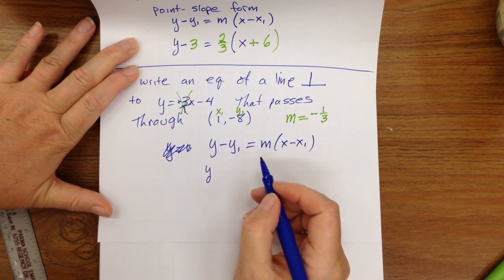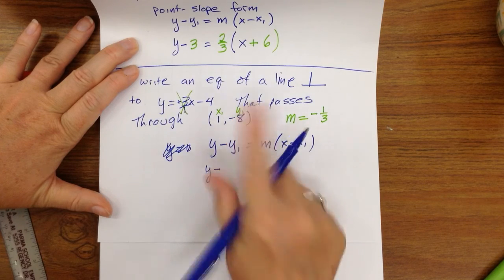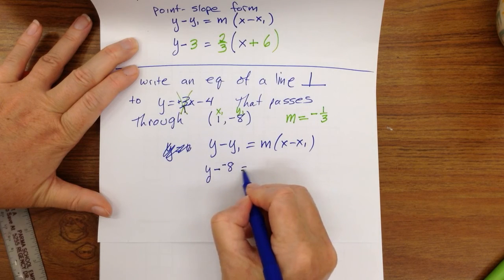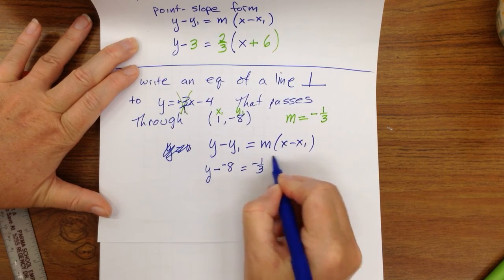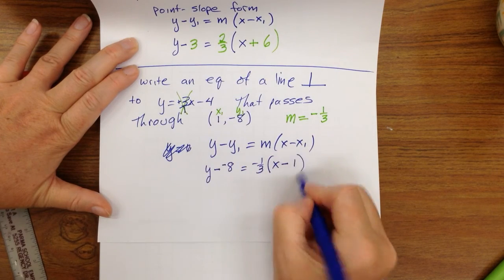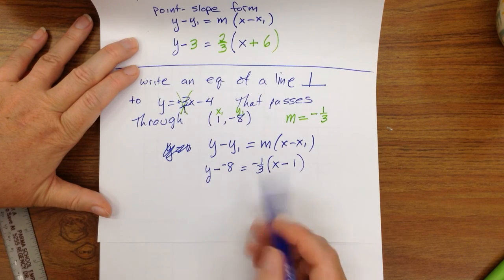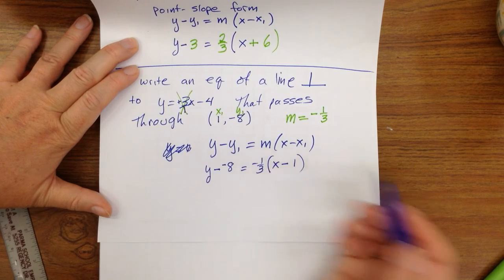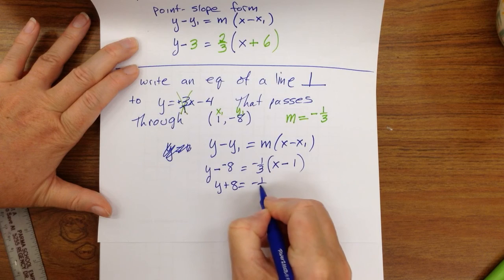All right, y, I'll do it slowly this time, minus the y coordinate, see the minus negative now, equals the correct slope, x minus the x coordinate. Really, the only thing that I would do here, I don't feel the need to rearrange and solve and all that, is I would turn that into a plus just because it looks pretty. And I'm all about things that are pretty.